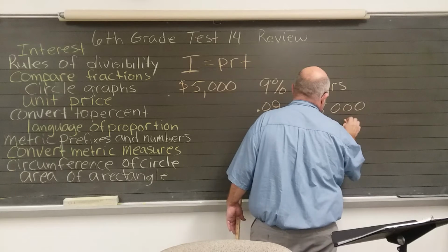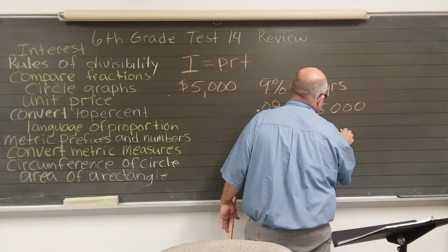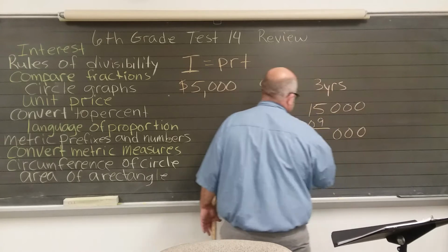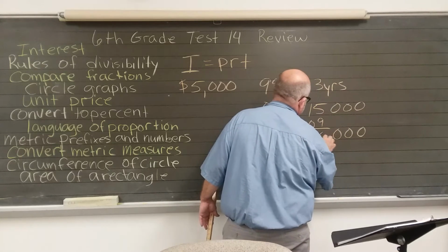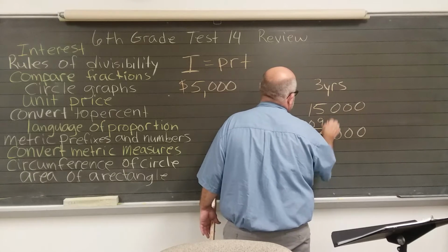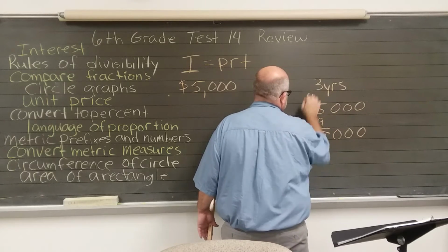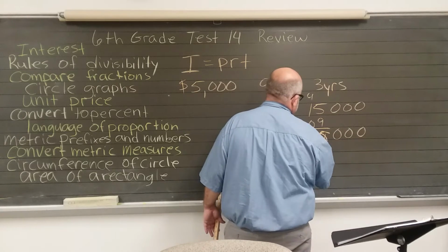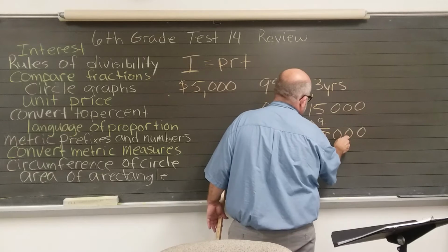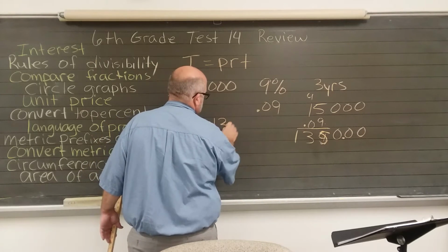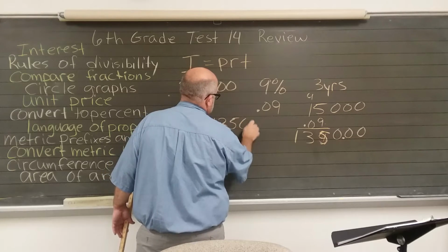These zeros are going to come down. 5 times 9, 45, 9, 13, 5. So your interest, 2 places, would be $1,350.